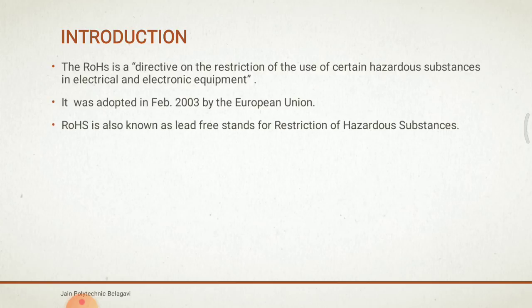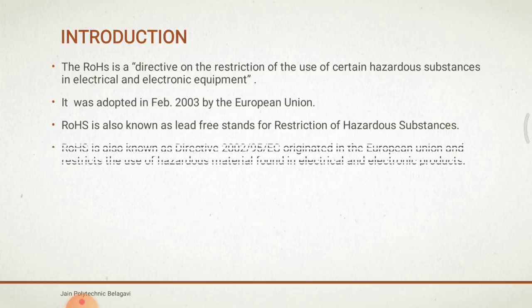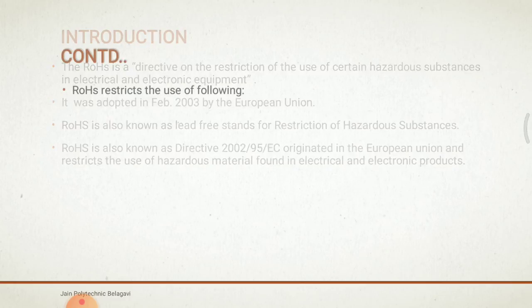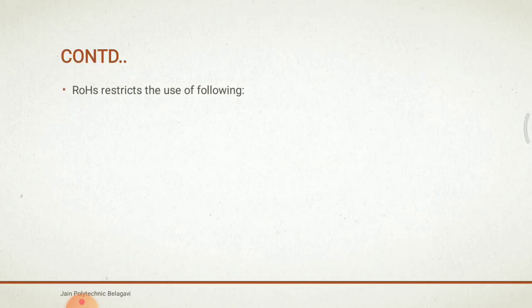RoHS is also known as the lead-free standards, or Directive 2002/95/EC. It originated in the European Union and restricts the use of hazardous material found in electrical and electronic products. Those are restricted, or banned.